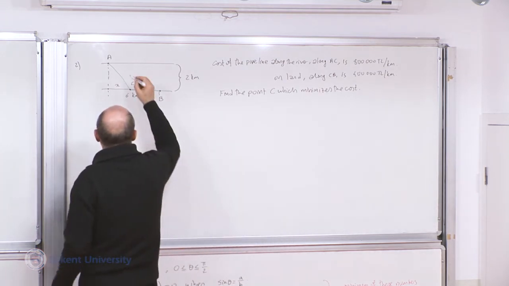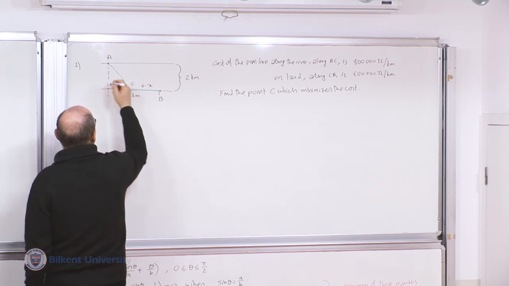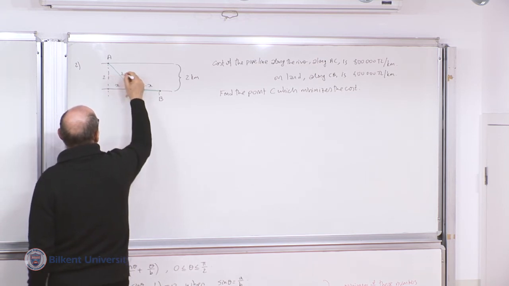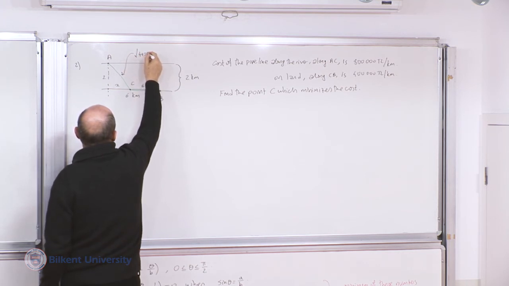So we have to find this distance. You see that this side is x, this side is 2, so this side is the square root of 4 plus x squared.